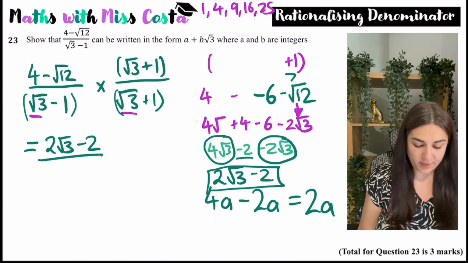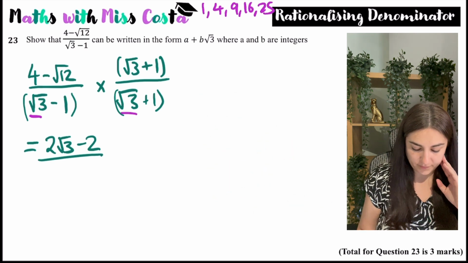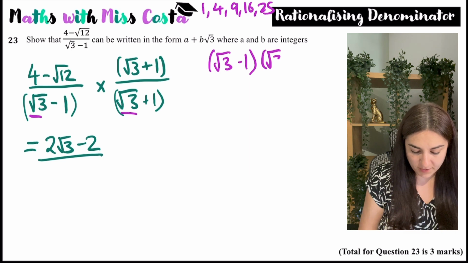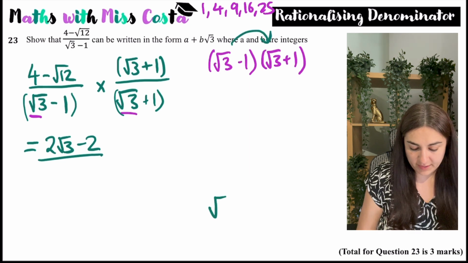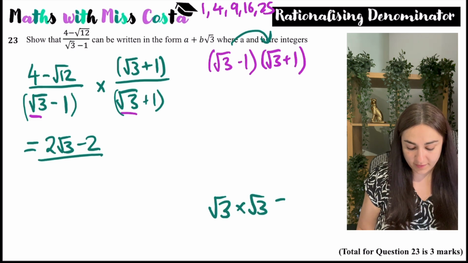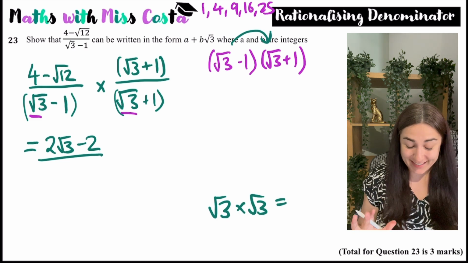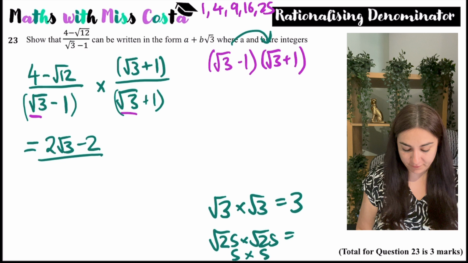Now we need to deal with the denominator. So let's have a look. We've got root 3 minus 1 multiplied by root 3 plus 1. Root 3 times by root 3. Another quick fact that you should hopefully know, but if not, then a third multiplied by itself is itself unsurd-free. So quick example, the square root of 25 times by the square root of 25. I know that the square root of 25 is 5, and I know that 5 times 5 is 25.